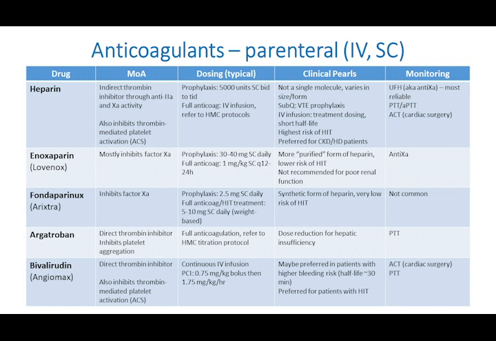It is a synthetic form of heparin, and so it has the lowest risk for HIT, and a lot of the time in patients with risk of HIT, we actually use fondaparinux. There's not a whole lot of monitoring required for fondaparinux.